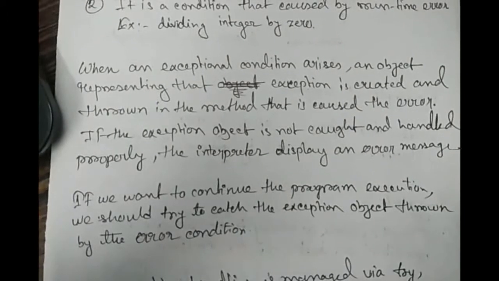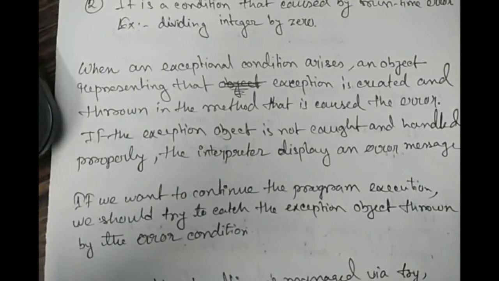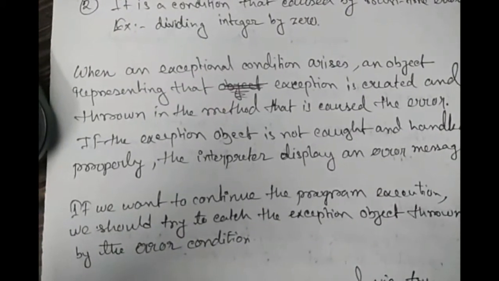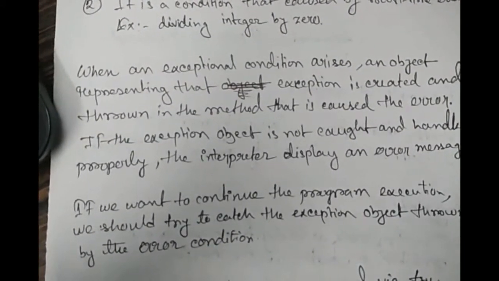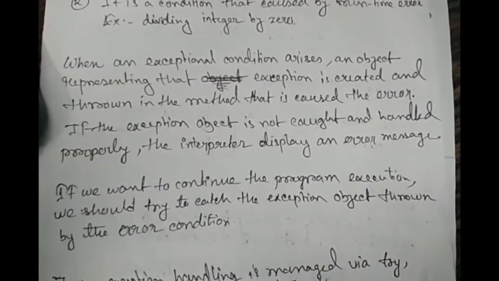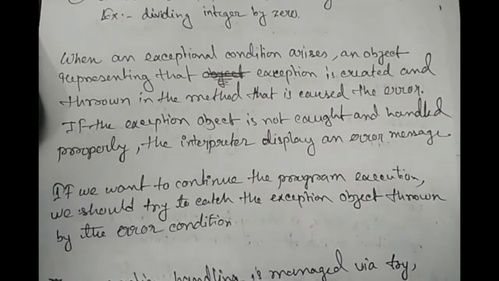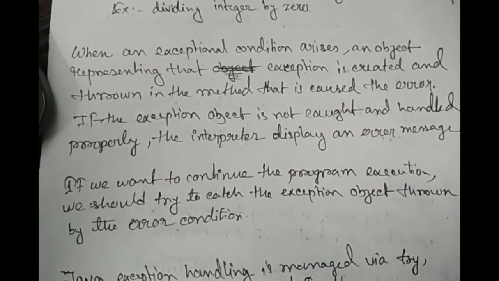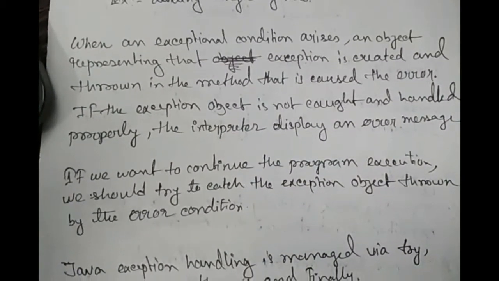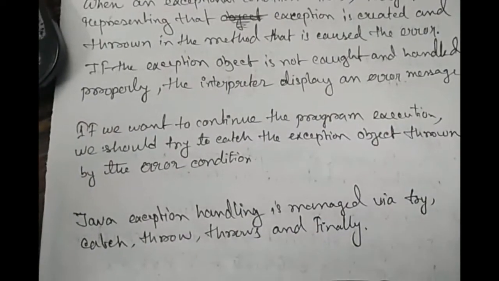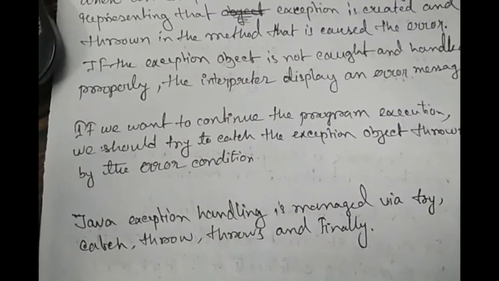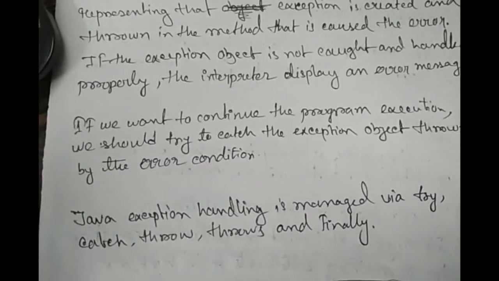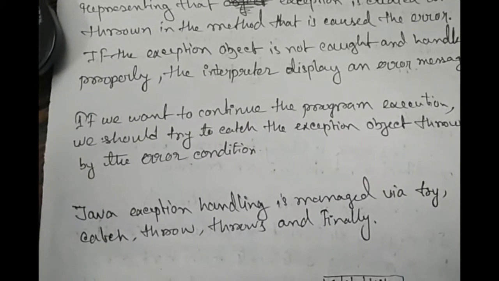So, whenever there is a runtime error or an exception arises, an object that represents the exception is thrown, and if the exception is not properly handled, the interpreter will display an error message. So, we must give some try-catch block to handle this exception.